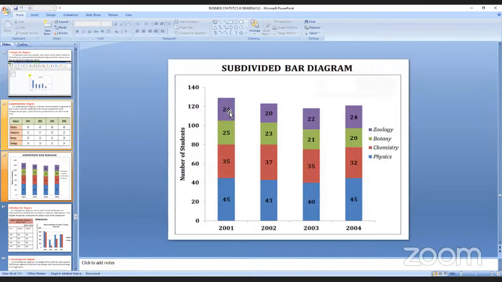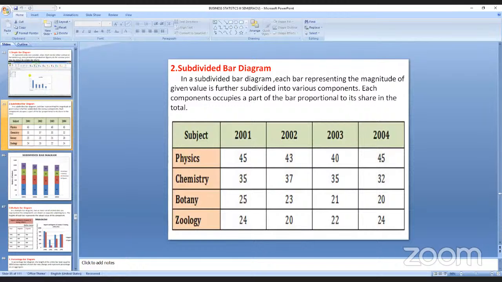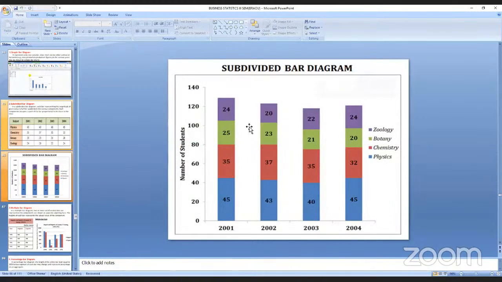Excuse me, ma'am, can you please explain once again? Here in 2001, I had shown the table. Are you seeing this table? So in 2001 you have to total it. What is the total? 129. So in the diagram, in 2001, the total is 129.